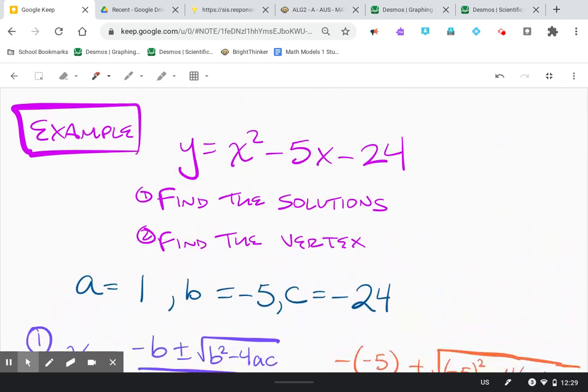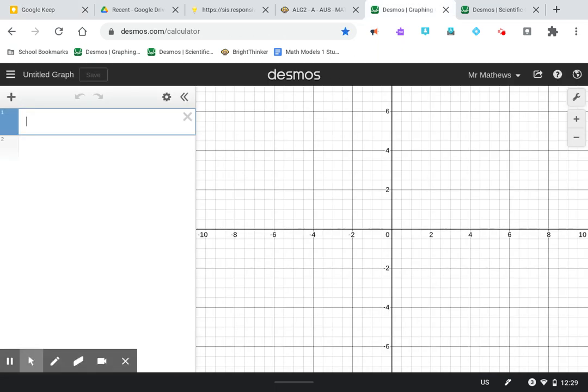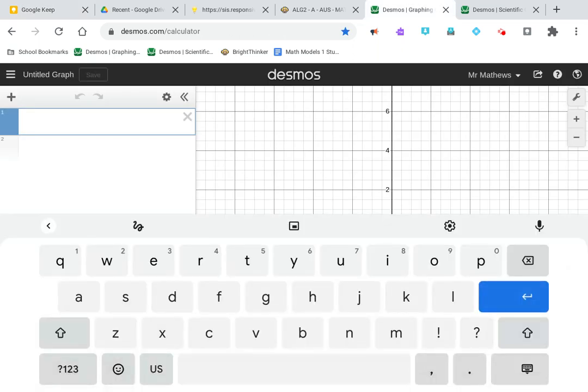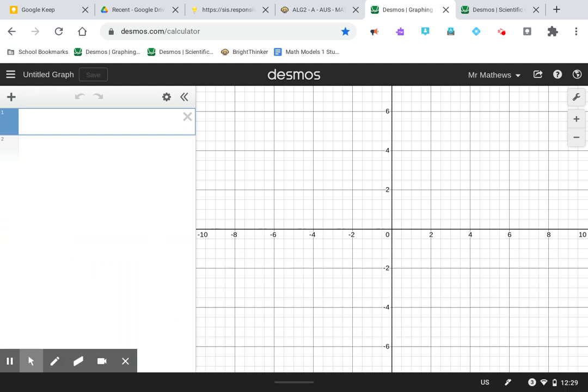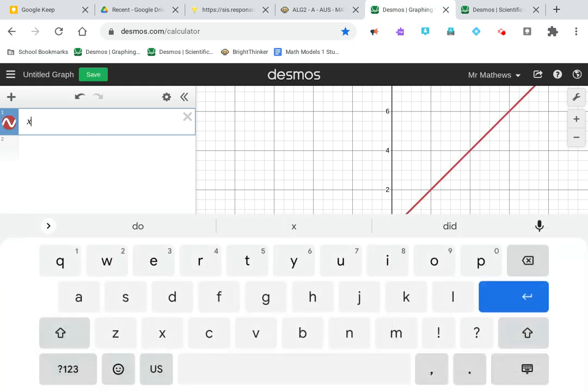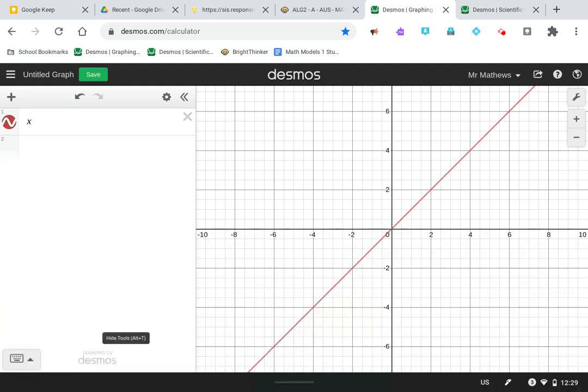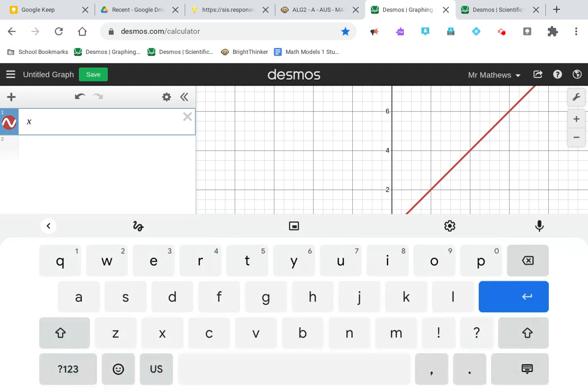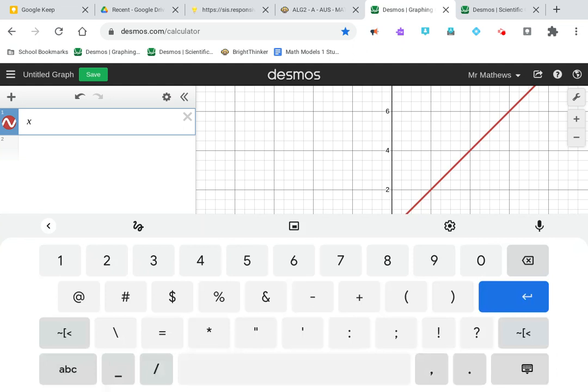So let's go back to our original problem, x squared minus 5x minus 24. Let's go ahead and type this in here. Having a little trouble here.